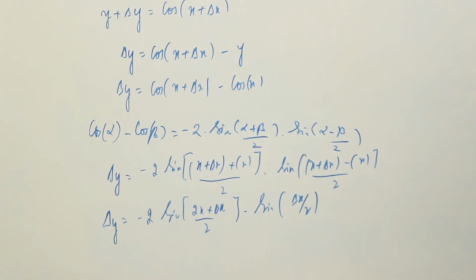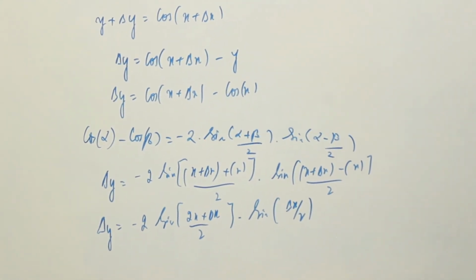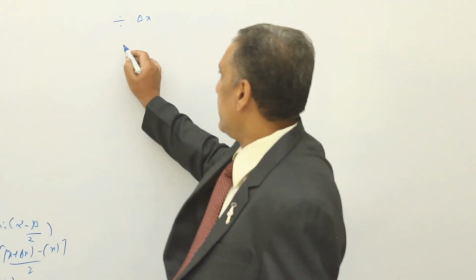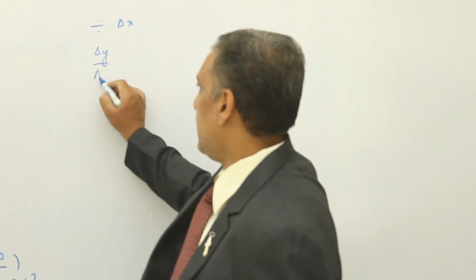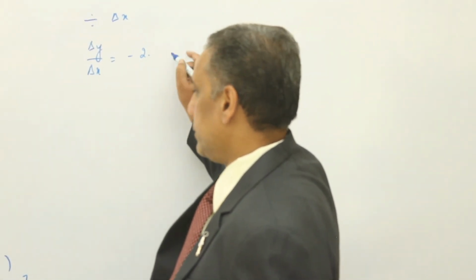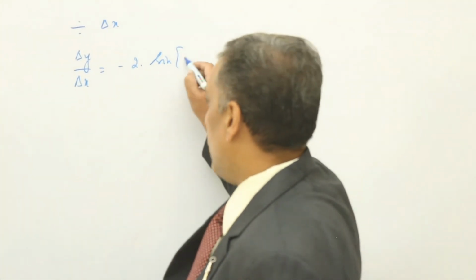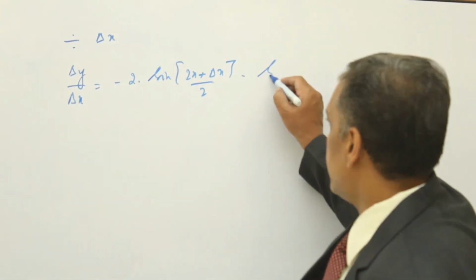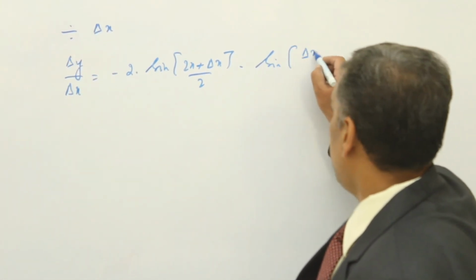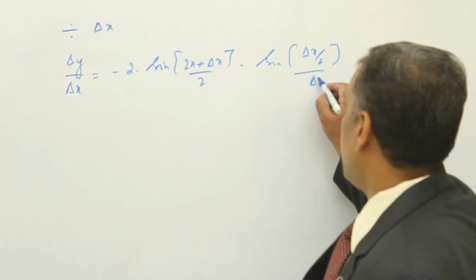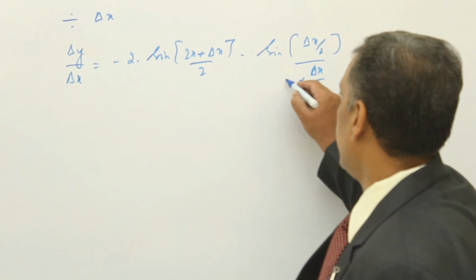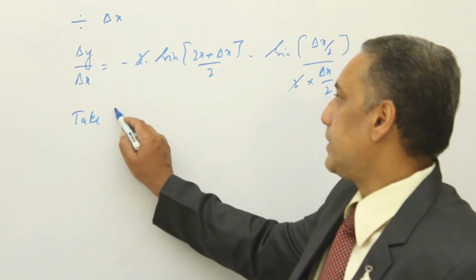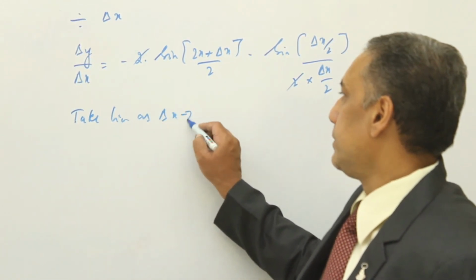So now taking the whole equation and dividing it by delta x, we get delta y by delta x is equal to minus 2 into sine of 2x plus delta x by 2 into sine of delta x by 2 divided by delta x. Multiply and divide by 2, cancel this 2 and this 2, and take the limit as delta x tends to 0.